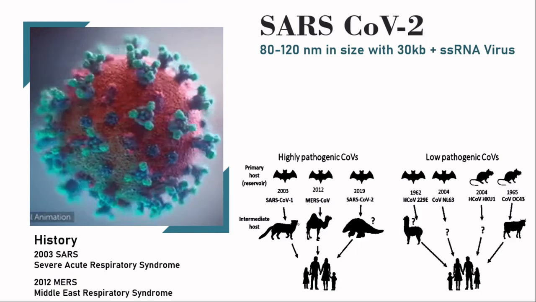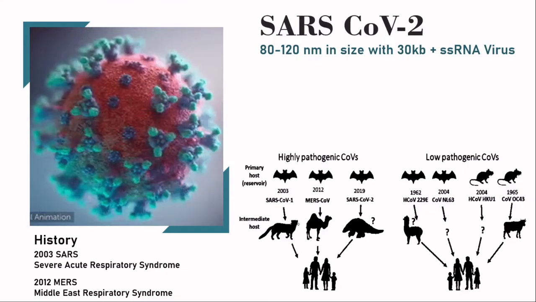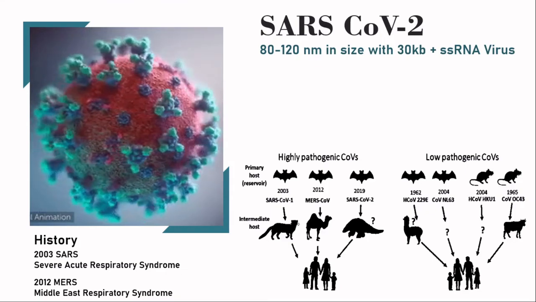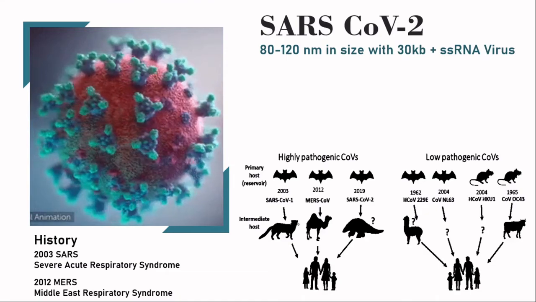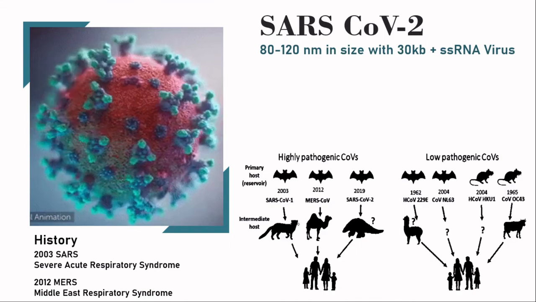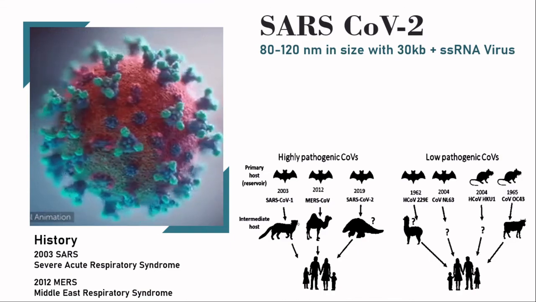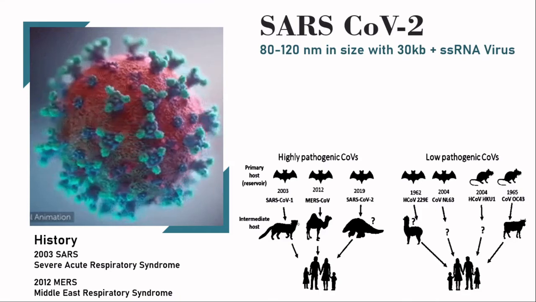In case of viruses which have negative sense RNA, there is one more step of converting that negative sense RNA into positive sense RNA, and only then can the virus synthesize its protein. And the total genomic size is approximately 30 kilobase pairs.